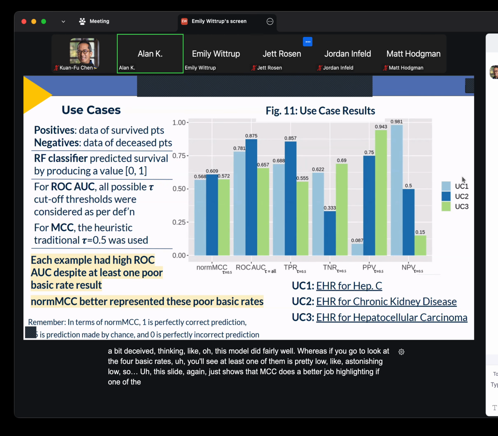As I said on Slack, I'm not a fan of MCC or other metrics that use only one cutoff value. If you're comparing MCC versus AUROC or AUPRC, I think you're comparing apples versus oranges, because in the very beginning of biomarker or model development, we are not sure which is the best cutoff.